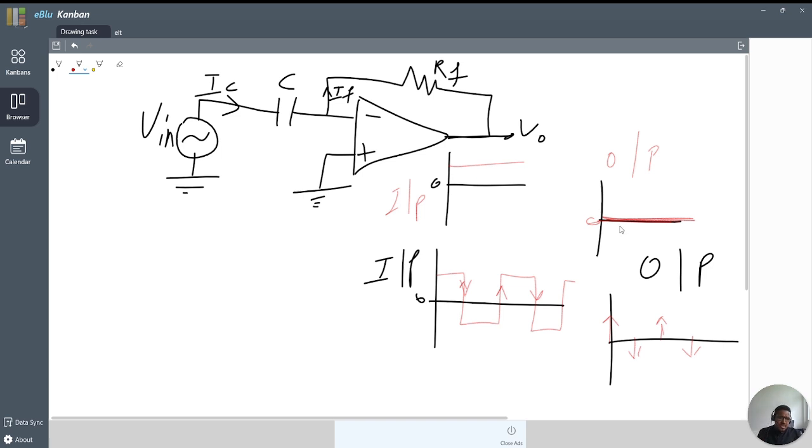So what does this mean? The differentiator circuit can be used to find high frequency components of the input signal, or we can use this differentiator circuit for edge detection purposes. The differentiator op-amp is mostly used for edge detection.